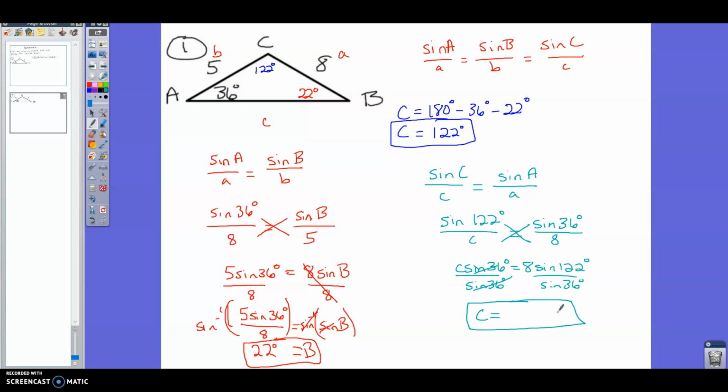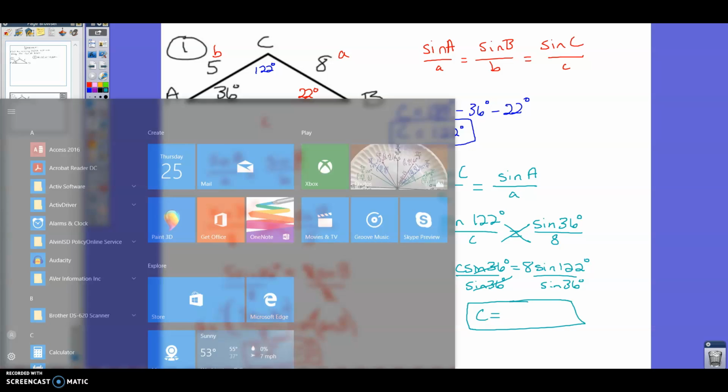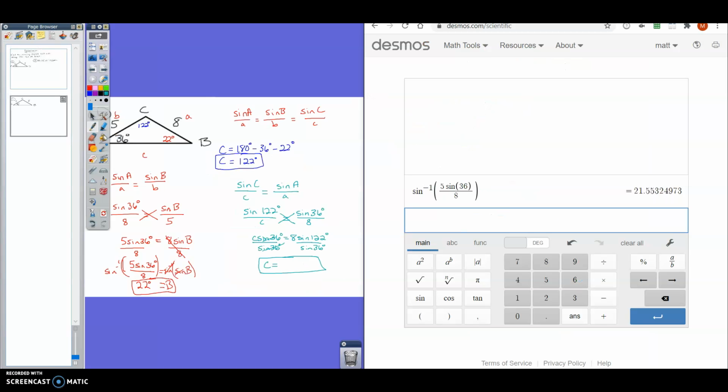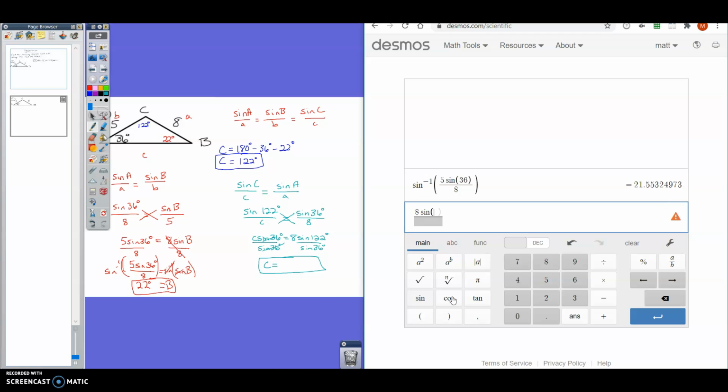Now this part we can type in the calculator just like we did on the other. Okay, so we're going to type this in. So we have 8 sine of 122 over sine of 36. So we get 11.5.